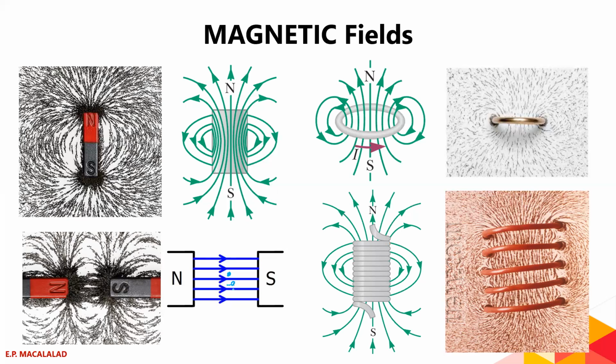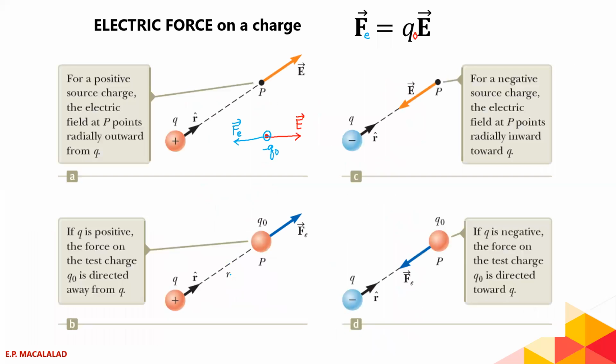It doesn't automatically mean that this charge will react to this magnetic field. Unlike an electric field, where as long as there is an electric field and you place a charge in that region, that charge will already react to that field.